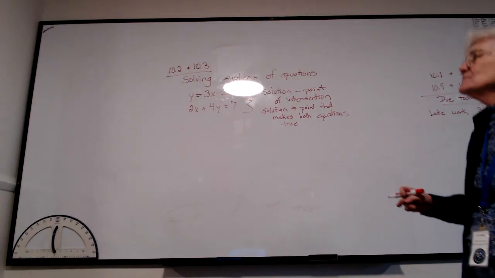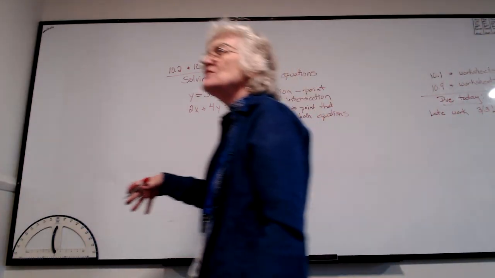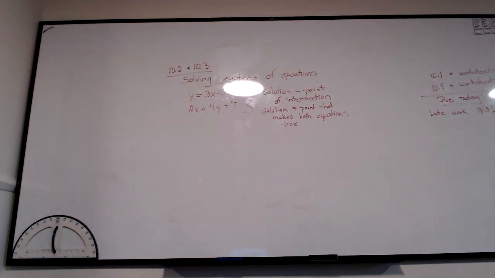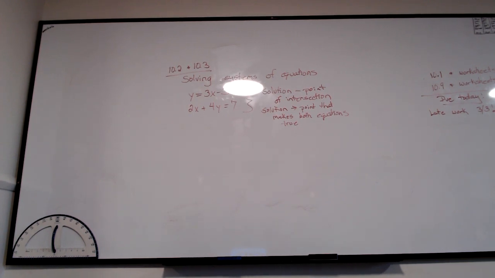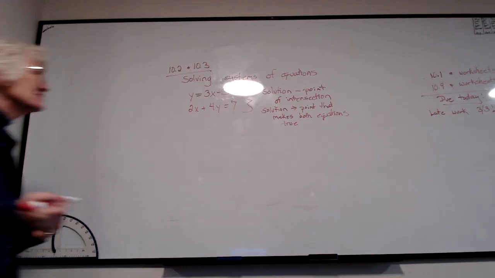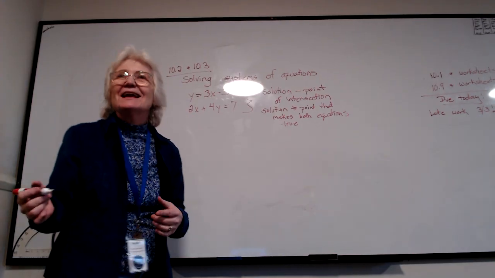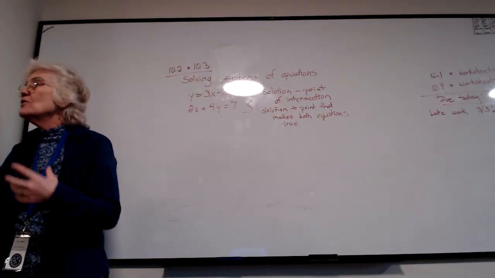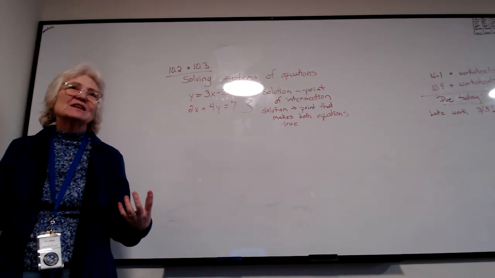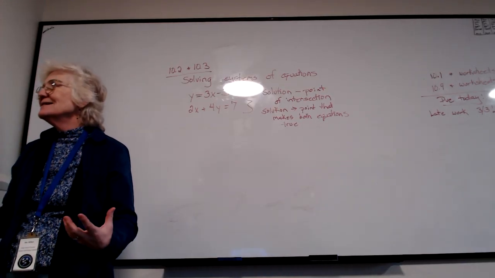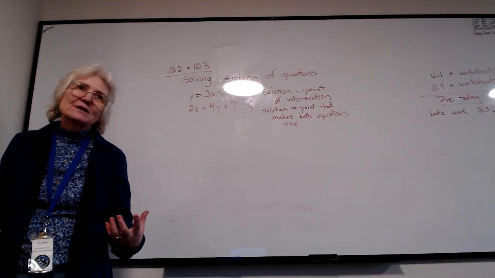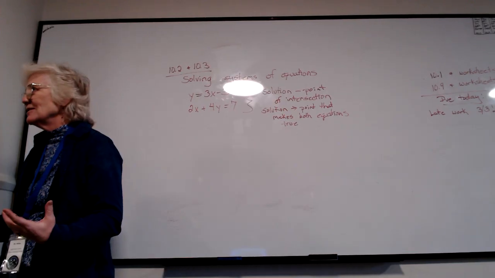But sometimes our equations are not easy to graph, or we get points that are not exactly on an intersection, like we don't get whole number points. Getting non-whole number points off of a graph is very hard to read. We don't know exactly what they are.